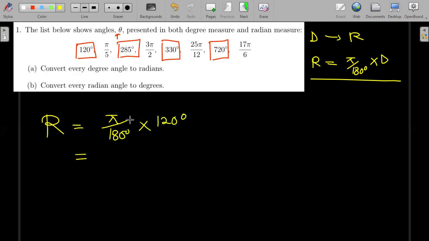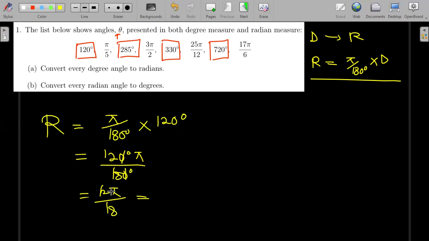From here I can multiply. So I have 120 pi over 180. The degrees cancel out, and this 0 will also cancel out. So I remain with 12 pi over 18.